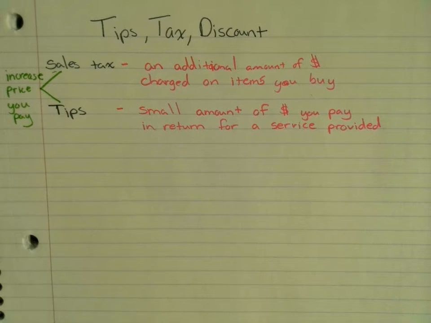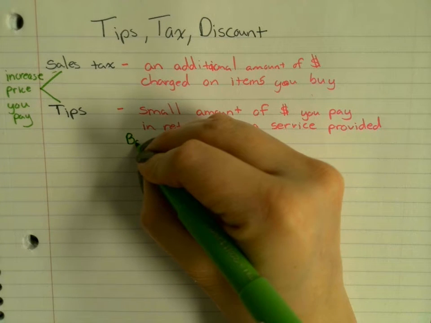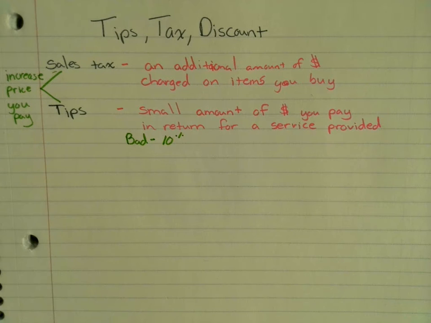Okay, when you pay for a meal, so if you go to a restaurant and your lunch was $15, but then you want to pay a tip to your waiter or waitress, you would be increasing how much comes out of your pocket. Okay? Now, like I stated before, if you get bad service, I would recommend that you do no less than 10%.